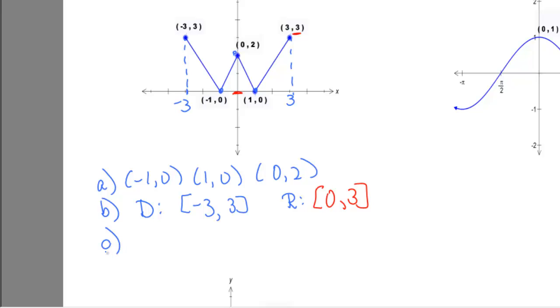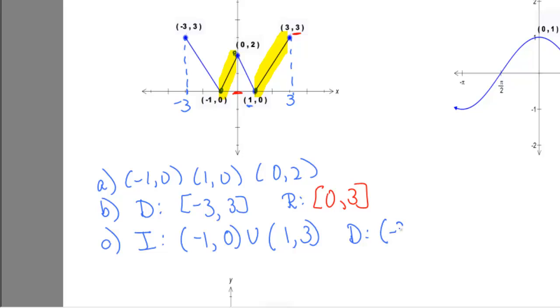Then, intervals of increasing, decreasing, and constant. So, increasing part. Where are we going uphill? Here and here. And we're going downhill everywhere else. So, increasing, again, the x values from -1 to 0. And the next x values from 1 to 3. Would be decreasing everywhere else.